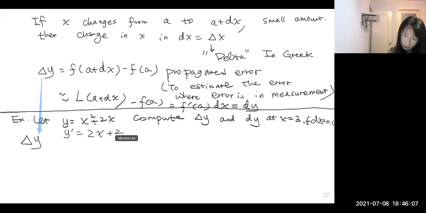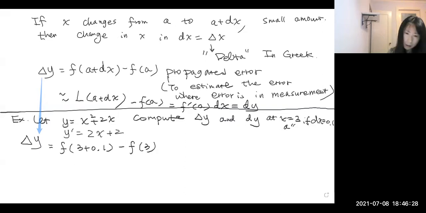And we have f of a. So let's say the a in this case is 3. So 3 plus dx, which is 0.1, and minus f of a, which is 3.